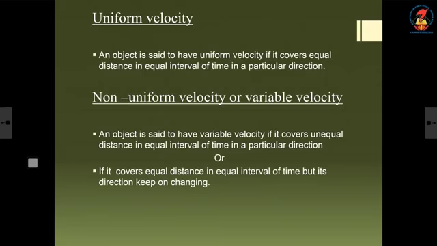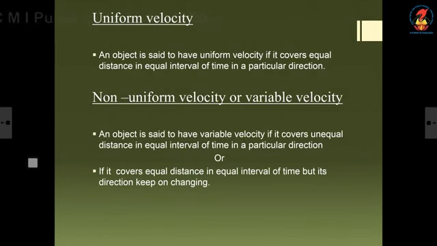Non-uniform means if it covers unequal distance in equal interval of time in a particular direction, or if it covers equal distance in equal interval of time but the direction is changing. So two definitions are there for variable velocity.